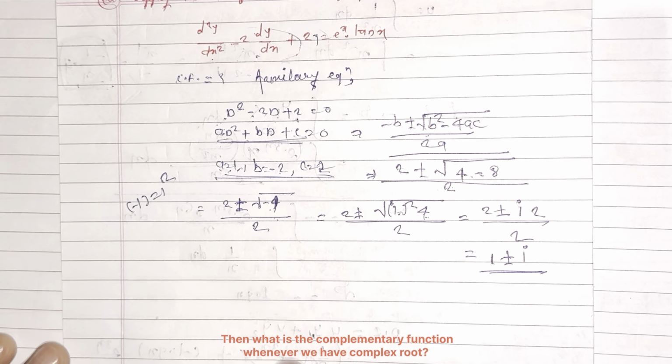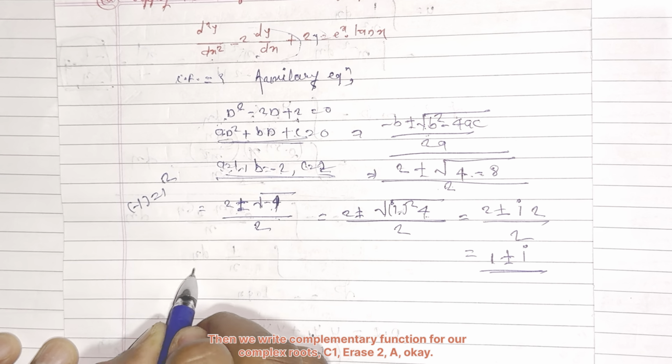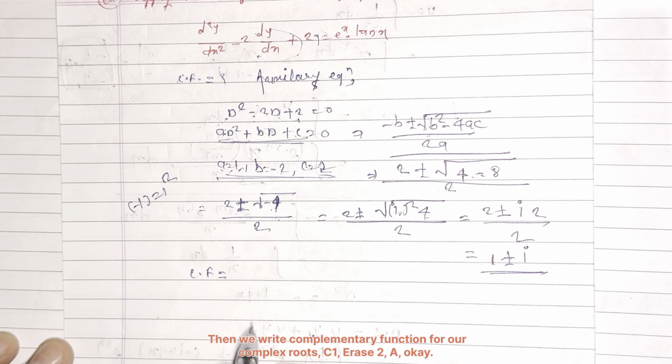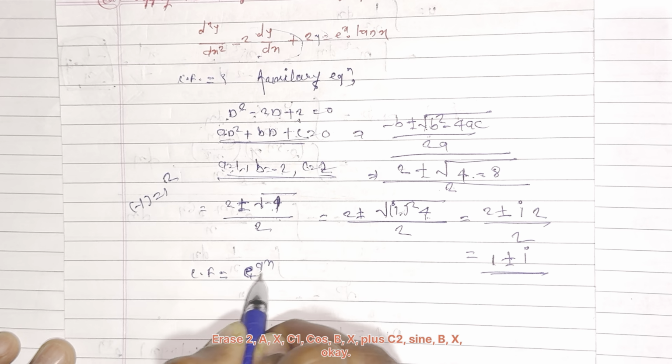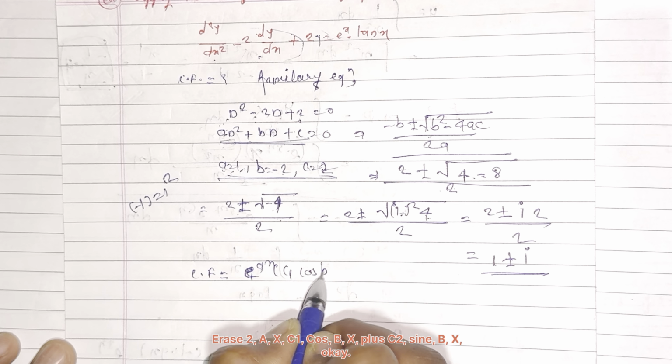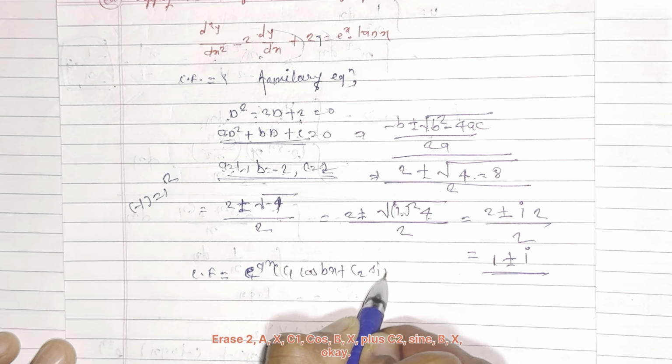What is the complementary function when we have complex roots? For roots a plus minus bi, the complementary function is e raised to ax times c1 cos bx plus c2 sin bx.